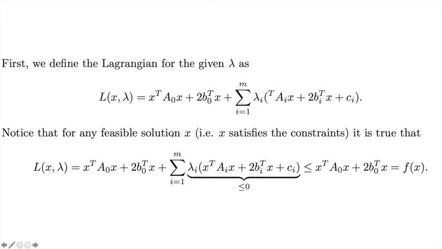So we know that for any feasible solution x, this condition holds. This is the Lagrangian, this is the definition of f, and those are the constraints. And we know that if x is feasible, all the constraints are smaller or equal to 0. So that is smaller or equal than this expression, which is the definition of f.